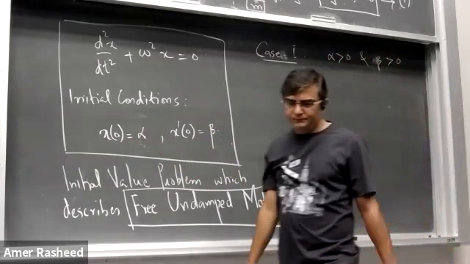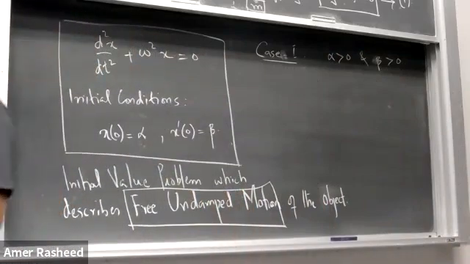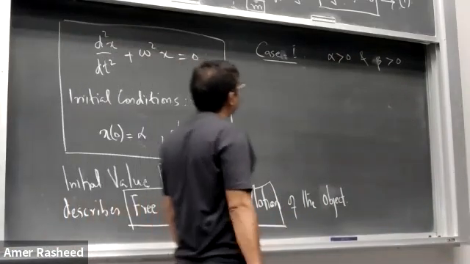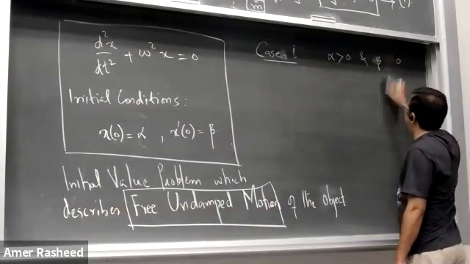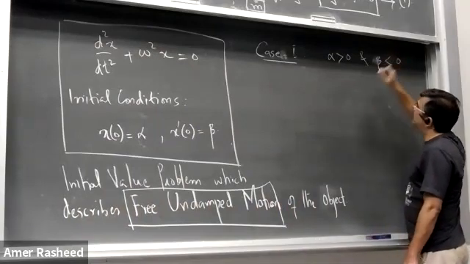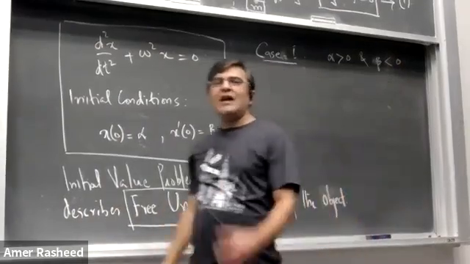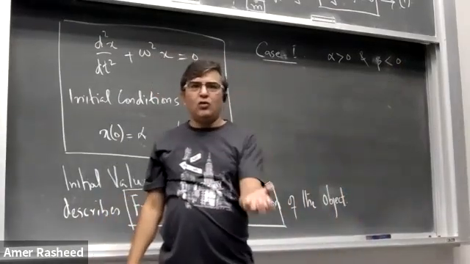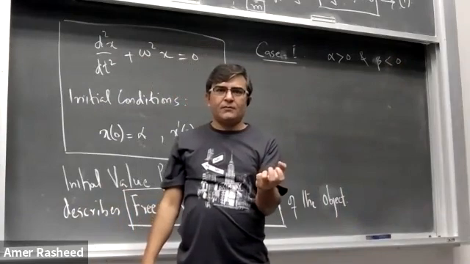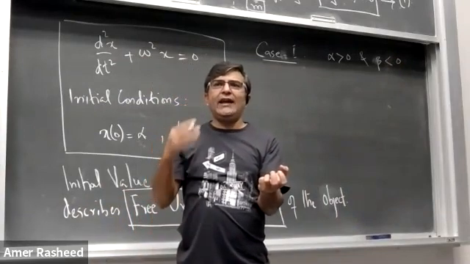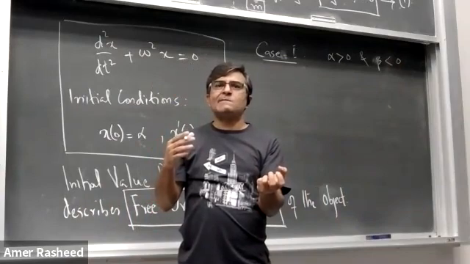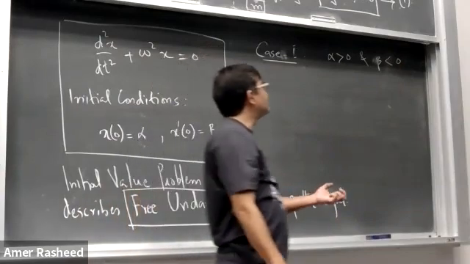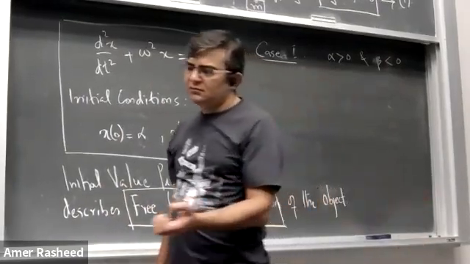What does it mean? Alpha is greater than 0 means we pull down the object. And we release it, converting upward.